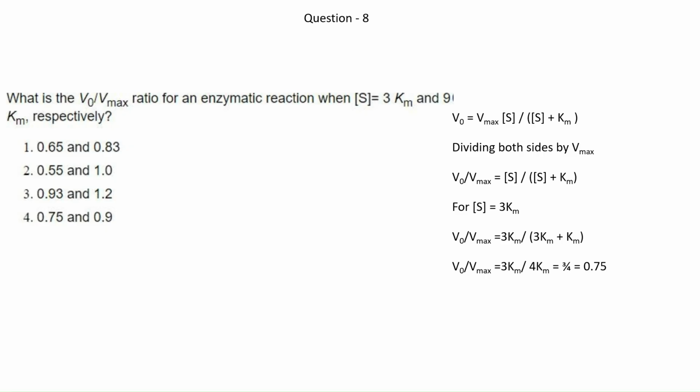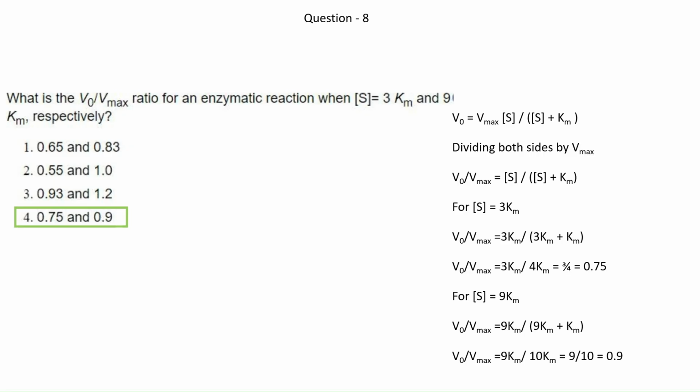Now from this point only we can say that the correct answer is option 4, but we'll still solve for the other case as well. We'll do the same thing again. We'll put in the values and we'll get the ratio to be 0.9. So the correct answer is option 4, 0.75 and 0.9.